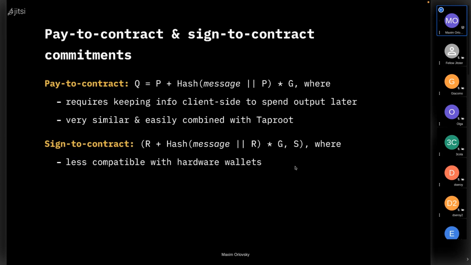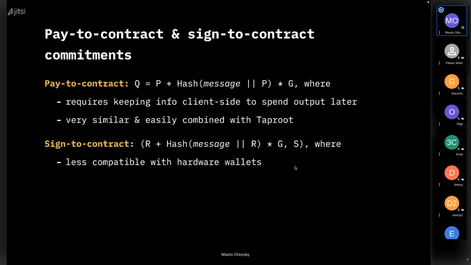On the bright side, it's very similar to and easily combined with Taproot, which is in fact a pay-to-contract protocol by itself. Basically, it does the same tweaking procedure for the public key to create the whole structure of the Taproot-specific data, and we can quite easily combine it with the new Taproot form.